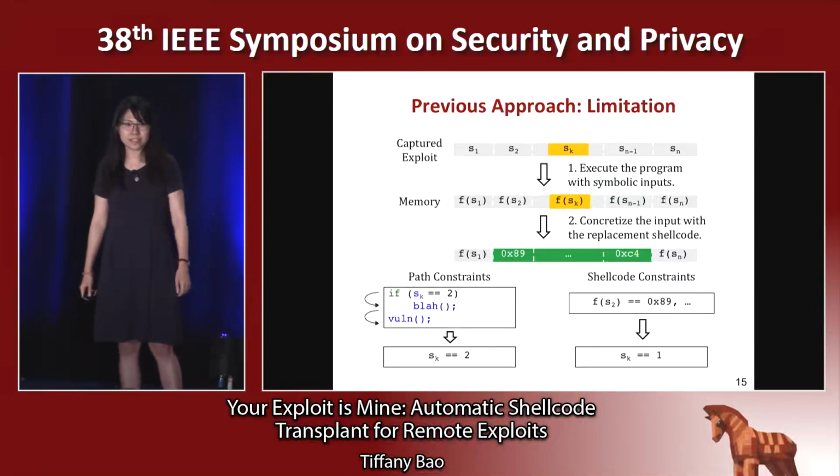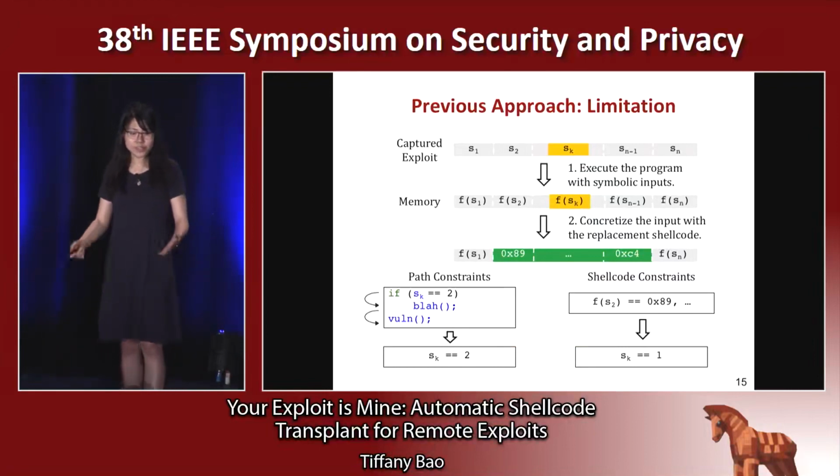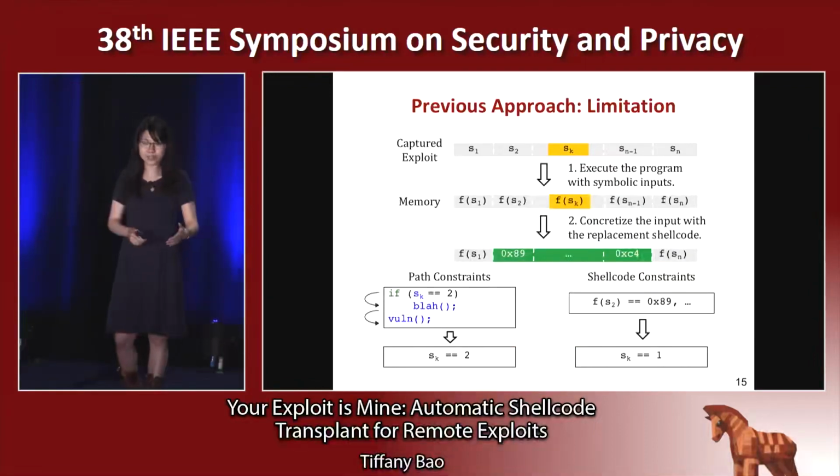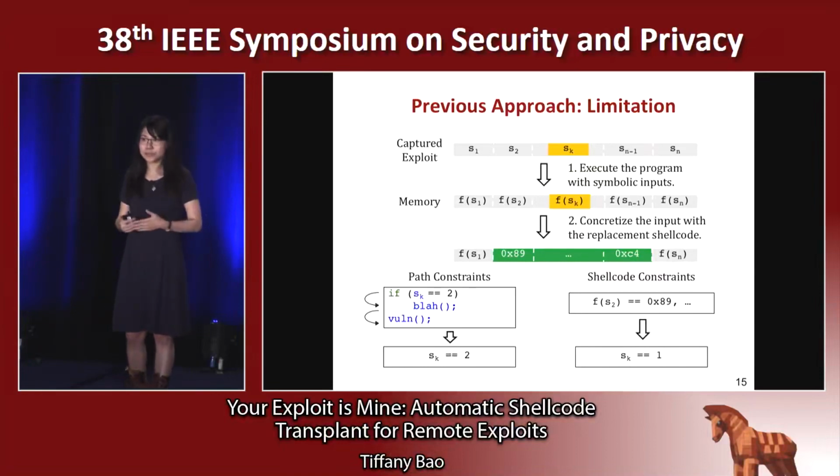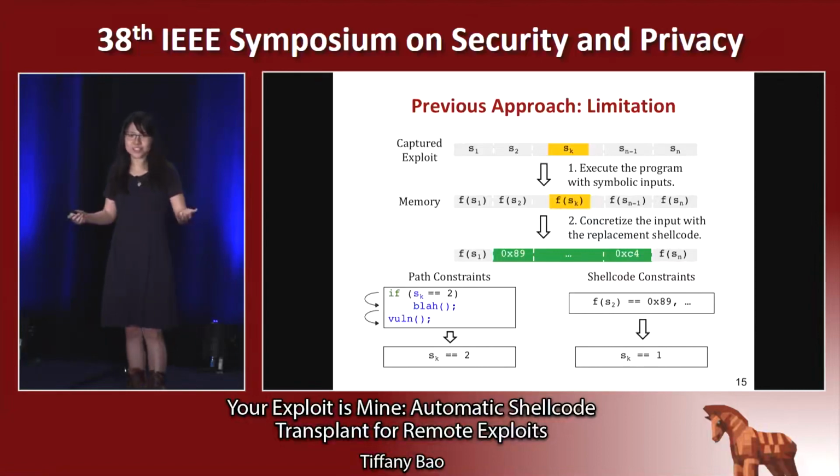Another possibility is that there is still a contradiction between the path constraints and the shellcode constraints. However, the path constraints may not be necessary to trigger the vulnerability. For example, suppose we have this piece of source code, and we have if sk is equal to 2, it does blah, and then it calls a vulnerable function.